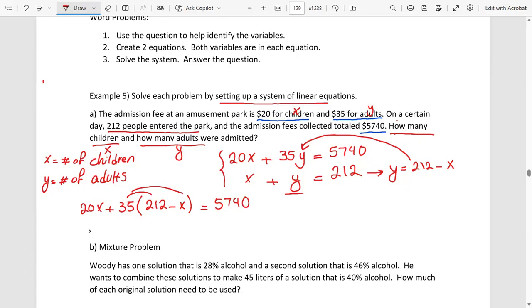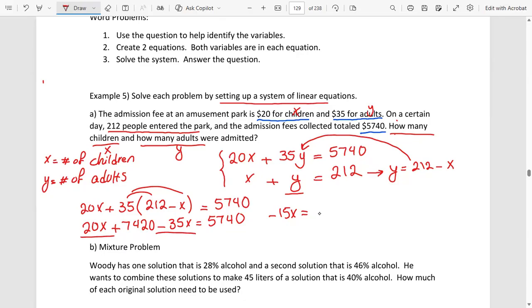Okay, 20x plus 35 times 212, which is 7,420, minus 35 times x. Combine like terms, so I have negative 15x, which is equal to, move the 7,420 to the other side, so I will have 5,740 minus 7,420.